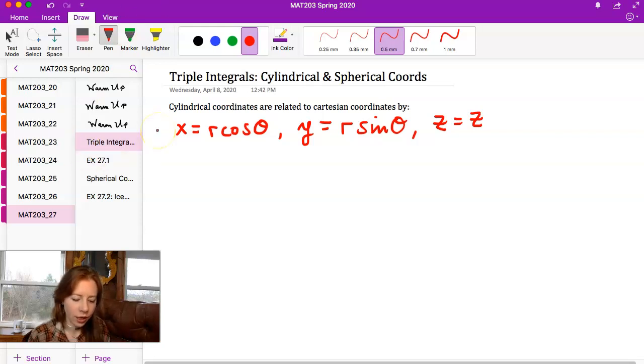And so let's define our region of integration as E, because this is a triple coordinate system.